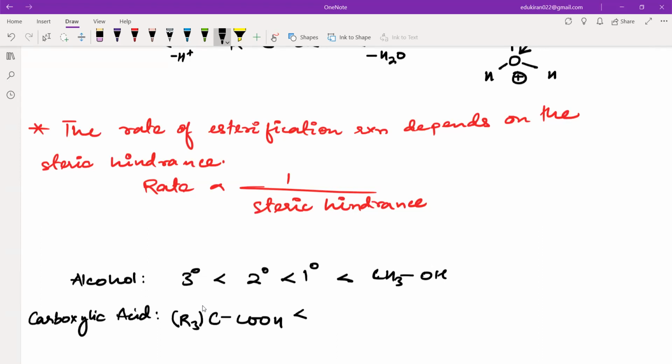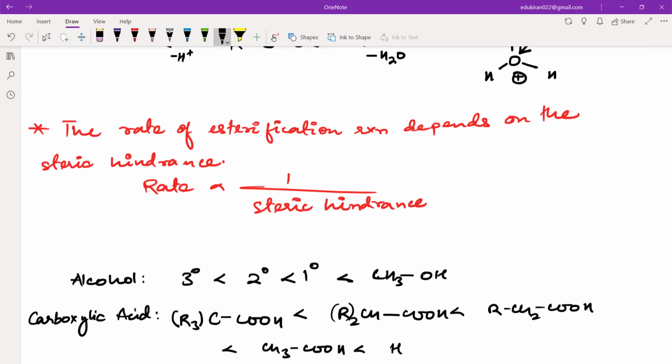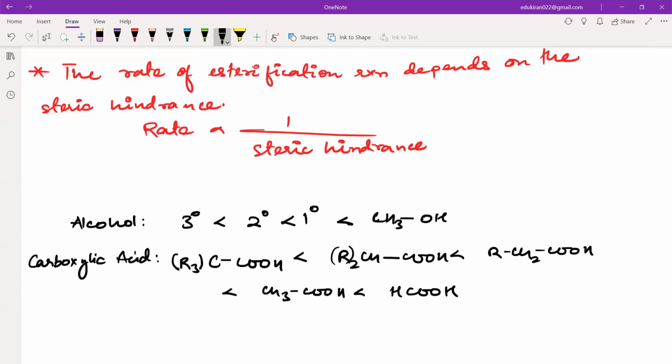This will be the slowest because it is most sterically hindered, followed by R2CH attached to COOH, followed by RCH2COOH, and then followed by CH3COOH, and the fastest will be methanoic acid, HCOOH. This is the order of carboxylic acid and alcohol.